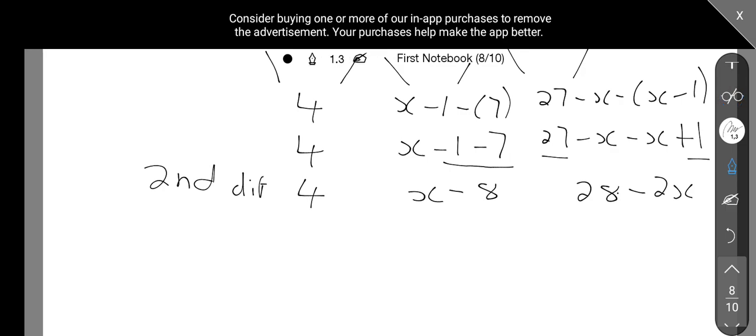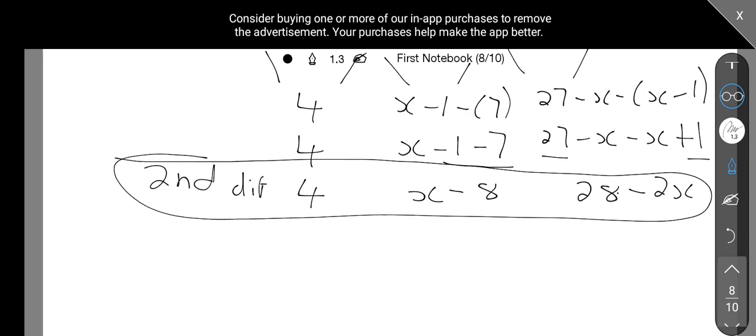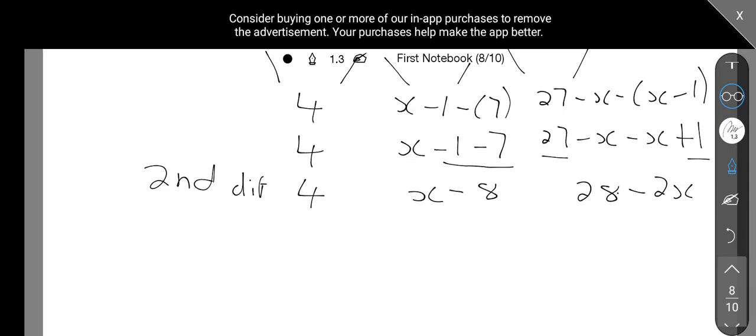So from the second differences, we are going to check which one has a number on its own. The second differences are these ones here, which I have circled. It's 4, it's x minus 8, and it's 28 minus 2x. So 4 is the one among the 3 that doesn't have a letter, so we can regard it as a value.